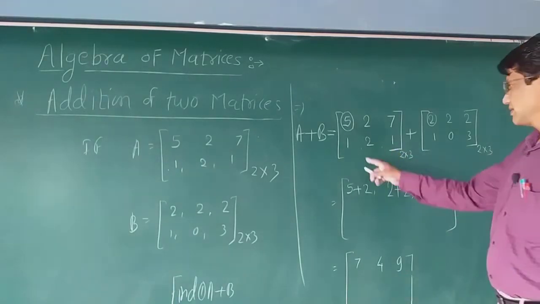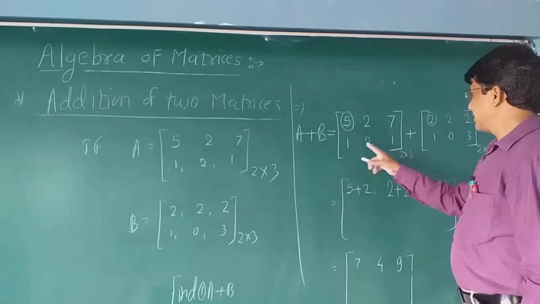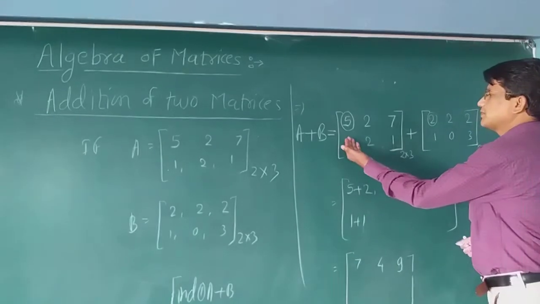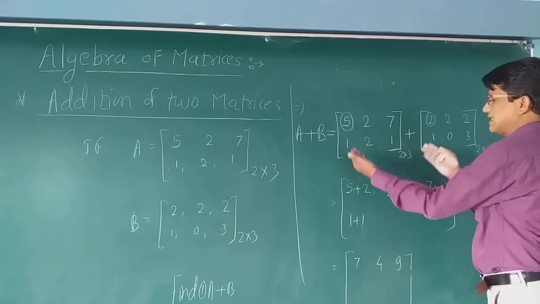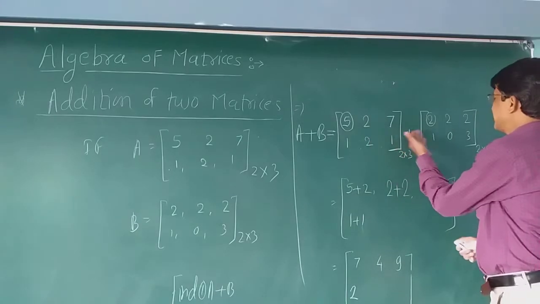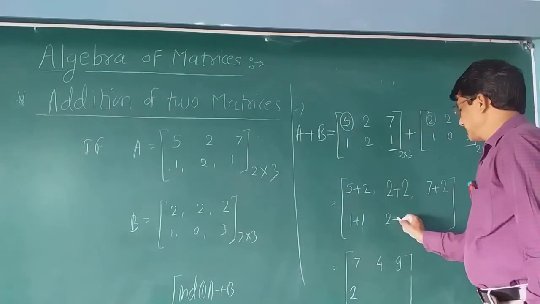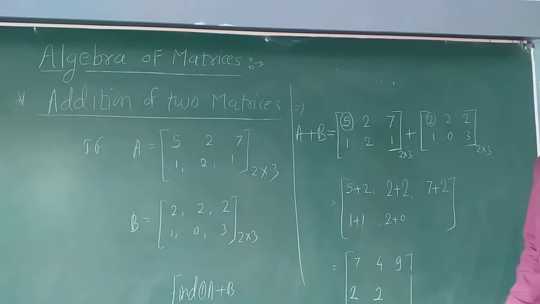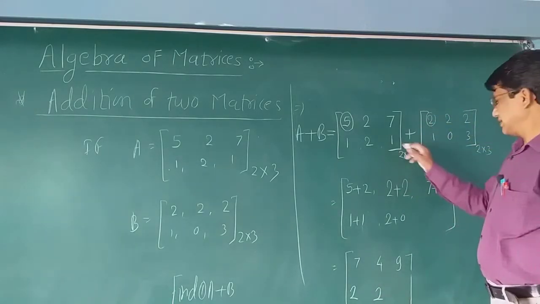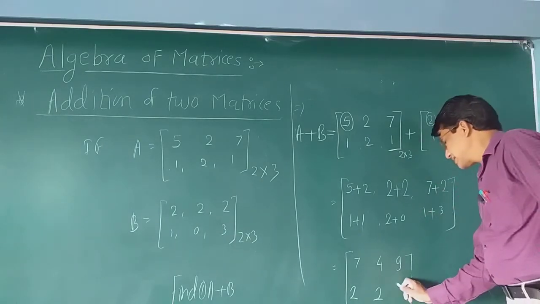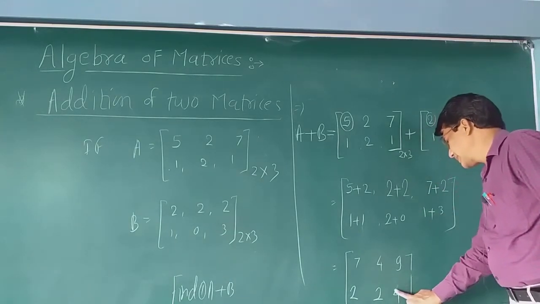Row number second: 1 plus 1, first position, here it is 2. Second one, 2 plus 0, answer is 2. And finally, 1 plus 3, the answer is 4.